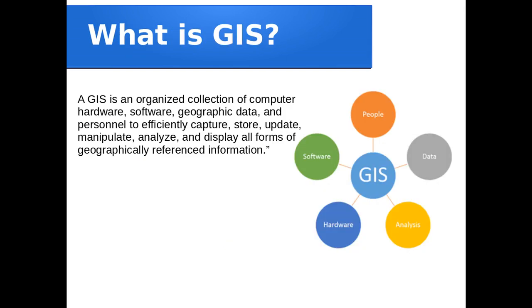A GIS is an organized collection of computer hardware, software, and geographical data that is managed by people. The people use this information in order to perform analytics on geographically referenced information. In this kind of system, all the components work together in order to provide the insights that we want about the data.